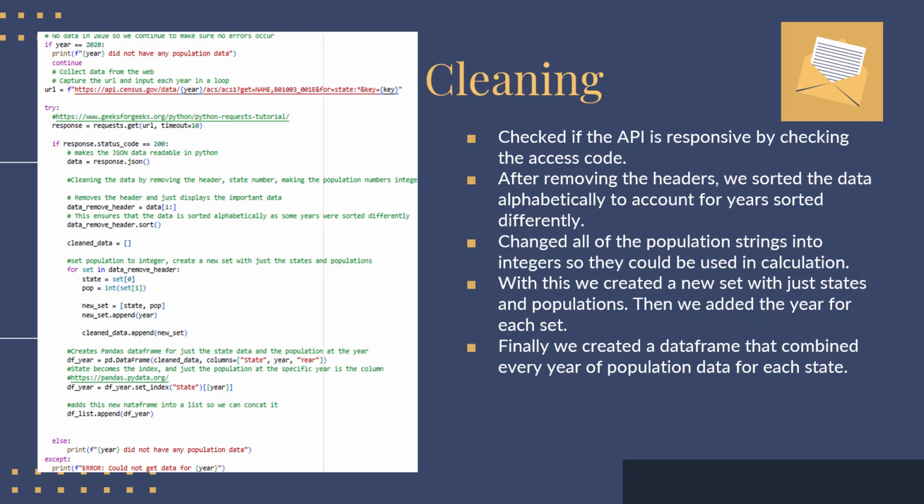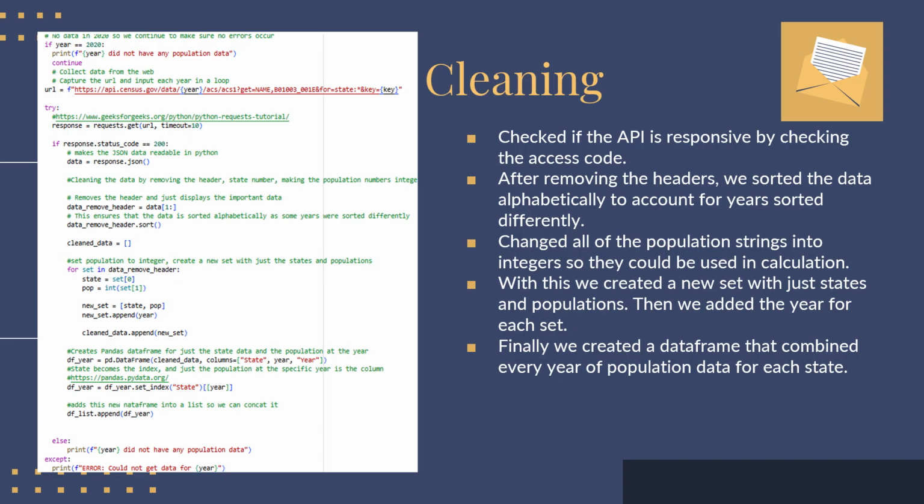So when cleaning this data set, first we checked if the API was responsive by checking the access code. After this, we removed the headers and sorted the data alphabetically to account for years sorted differently. All of this was in a for loop that changes the specific year that the population data was collected.